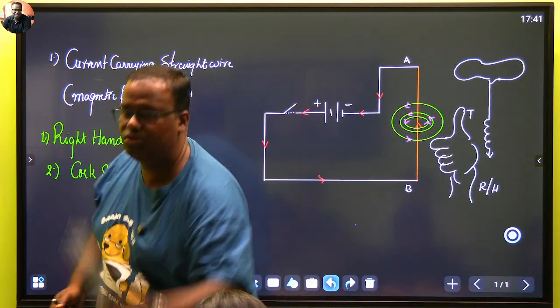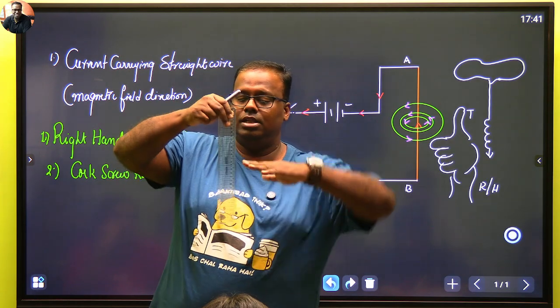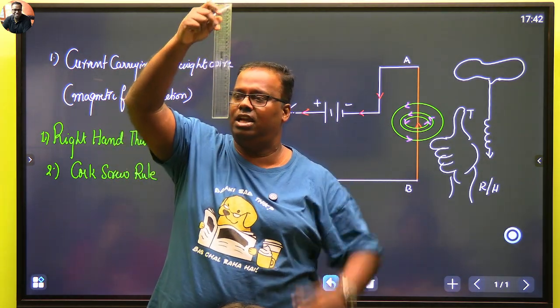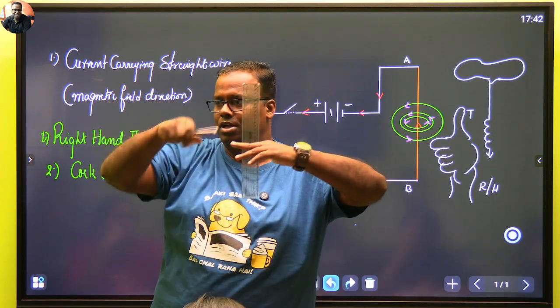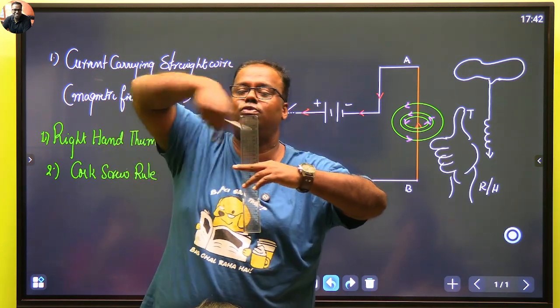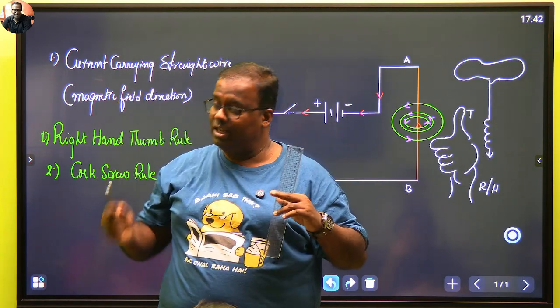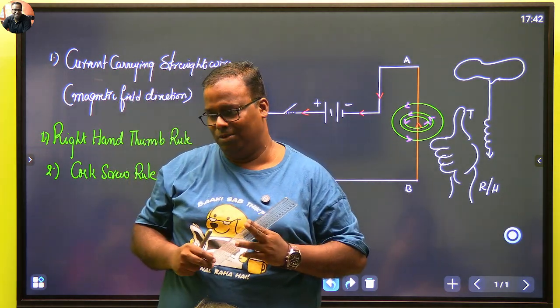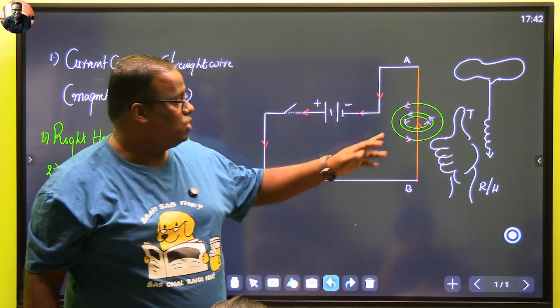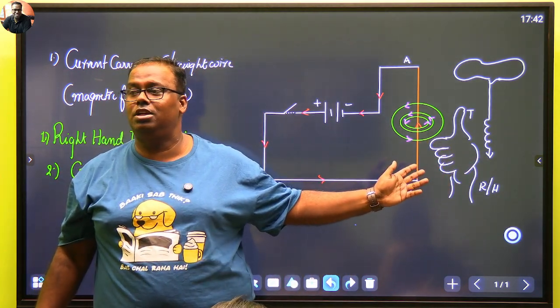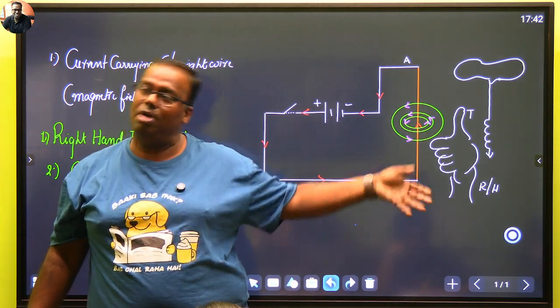Say this is the straight wire, and there will be a plane out here. Imagine that I have taken this scale and I have stabbed it through an A4 paper. It is inside an A4 paper. On that A4 paper, you draw concentric circles, and give the direction of the circle as per the right hand thumb rule. Okay. This rule will be used a lot in grade 11 in mechanics when you study cross product of vectors. वहां पे भी यही रूल लगता है.